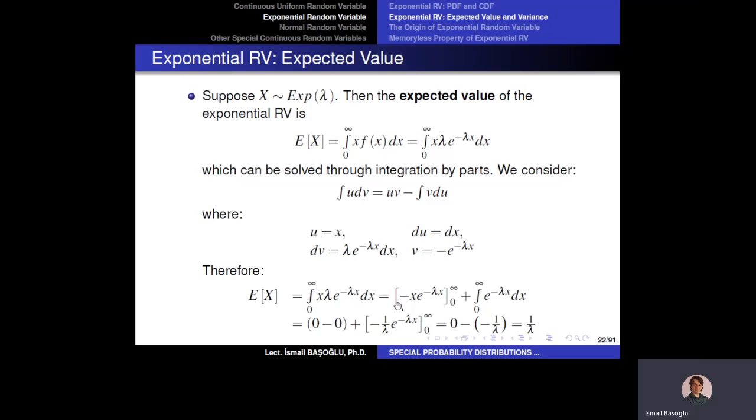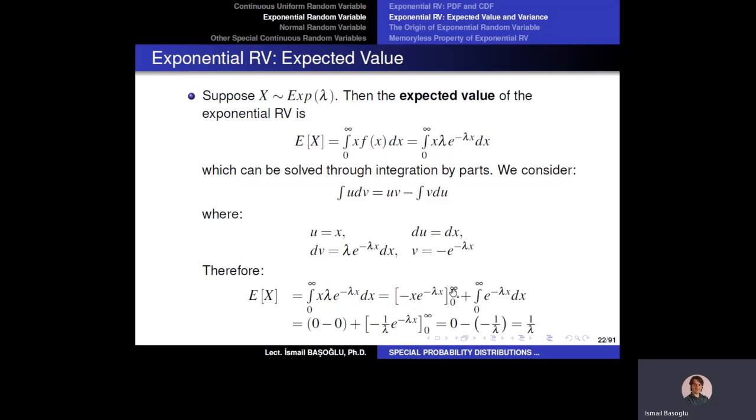So let's plug in the values of infinity and 0 here. Now, if you plug in infinity, minus x will go to minus infinity, and e to the power minus lambda x is going to get to 0. However, it is going to go to 0 very fast because this is an exponential function. An exponential function dominates a linear function.